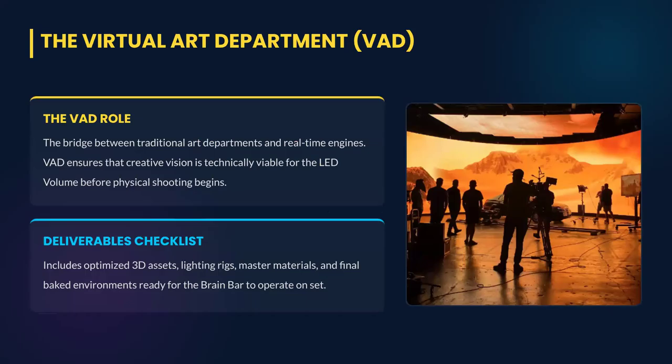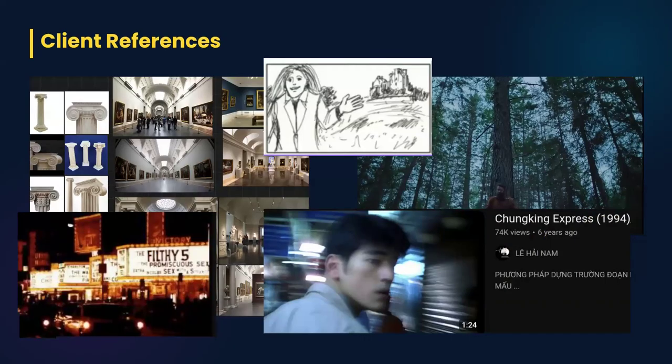The work of the VAD team is pretty much to bring the ideas of the client to life. The client comes in, and usually, like this actual stuff that different clients have sent us in the past, they show us a reference like this image, or they even send us a video of a movie scene or something.